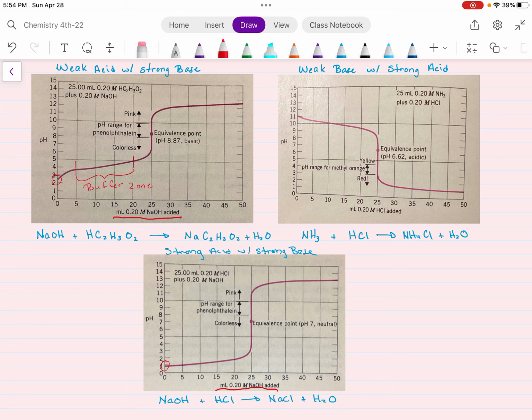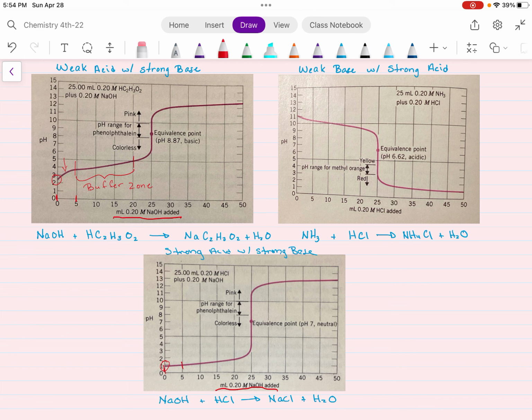Now, the other noticeable difference is I want you to pay attention in the initial addition between the 0 and the 5 mLs of the base. Look at the dramatic increase that we have here in a weak acid, right? When we have a weak acid, we have a slightly faster jump in pH, and then we get to the buffer zone.